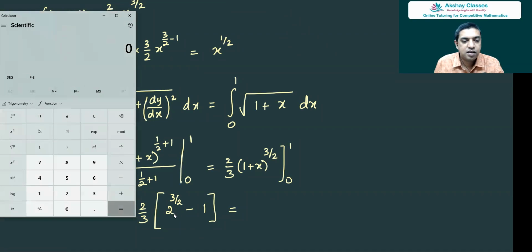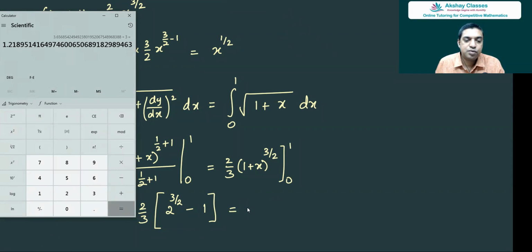That means 2 to the power 3 is 8. So under root 8, square root of 8, minus 1, multiplied by 2 and divided by 3.